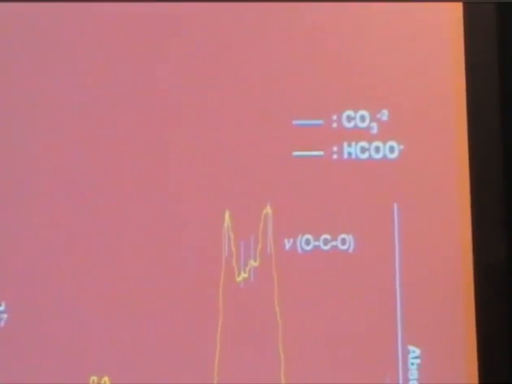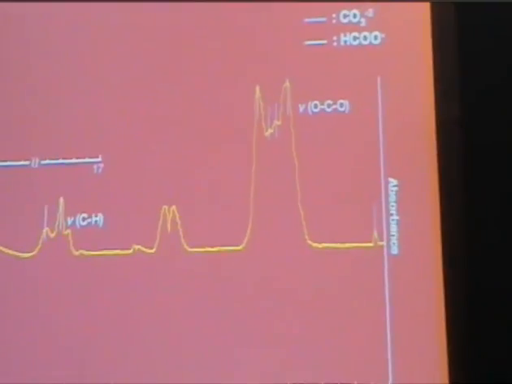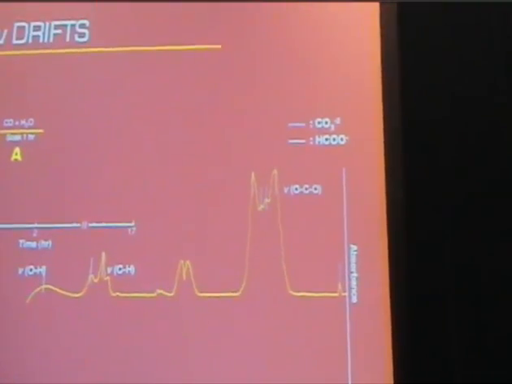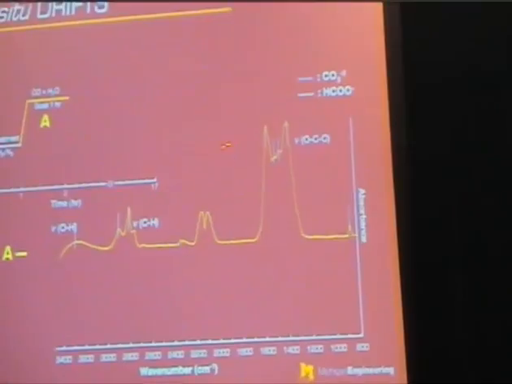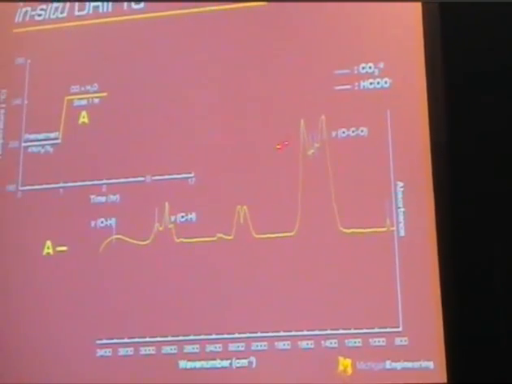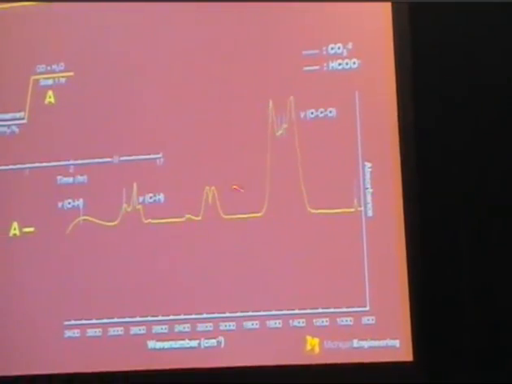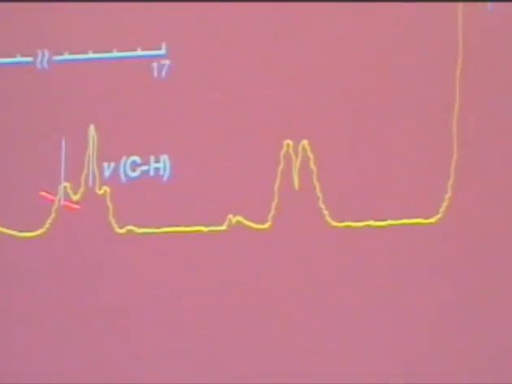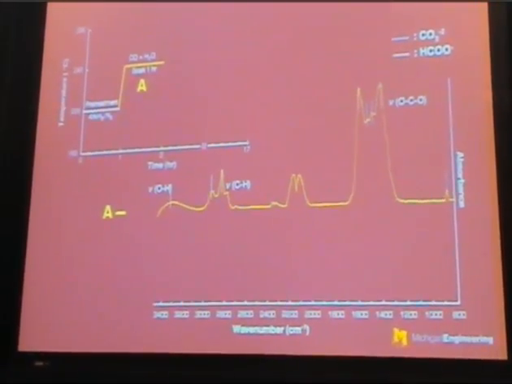Then we soaked the catalyst in the CO and water stream, which are the reactants for water gas shift, and monitored what kind of species were observed on the surface. As you can see, a significant amount of formates and carbonates are observed on the surface. The gas phase CO2 and CO are also observed while we are flowing the reactants over the catalyst.